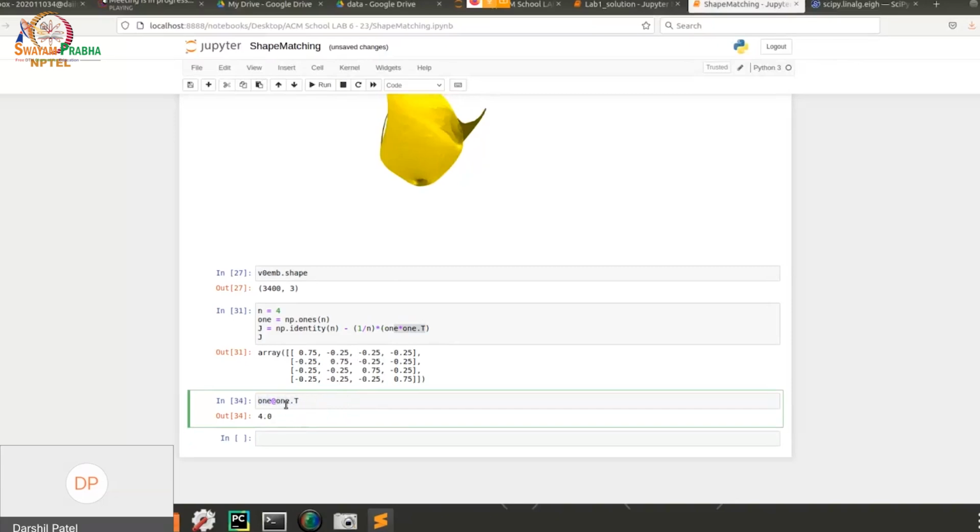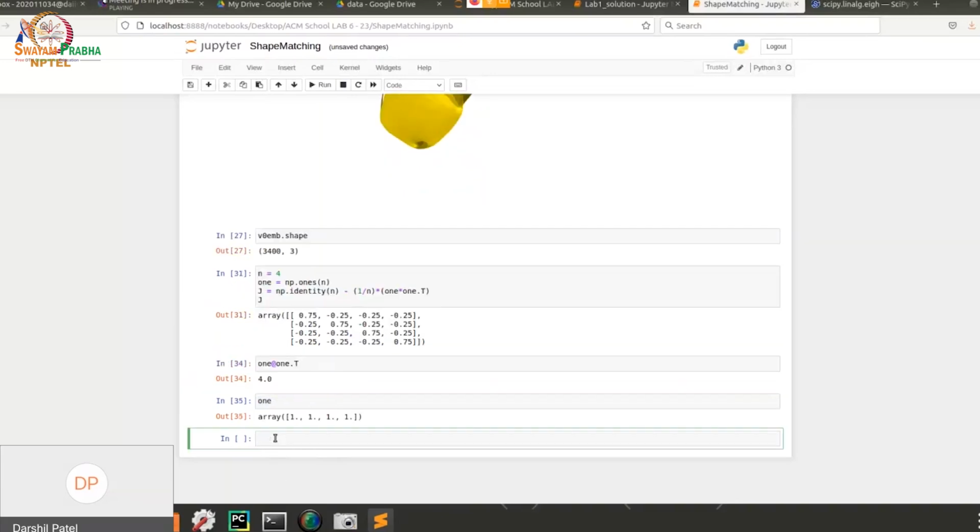I think when you just write np.ones, there is another difference between Python and MATLAB. MATLAB by default, if you initialize a vector, it becomes an n by 1 matrix. That is not the case with Python. So if you type what is its shape, you will see it's 4 comma nothing.